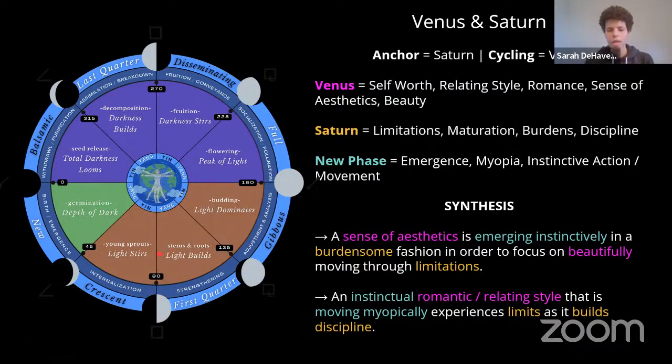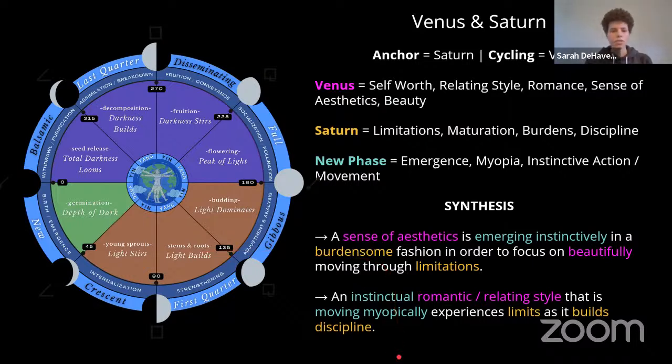Another example I have between Saturn and Venus is an instinctual, so that's like new phase, romantic or relating style, Venus, that is moving myopically, new phase. This experiences limits, Saturn, as it builds discipline, Saturn. An instinctual romantic or relating style that is moving myopically experiences limits as it builds discipline.